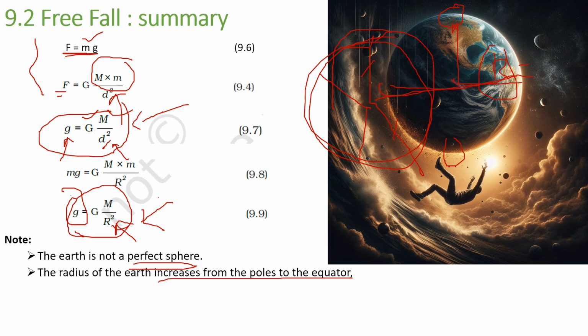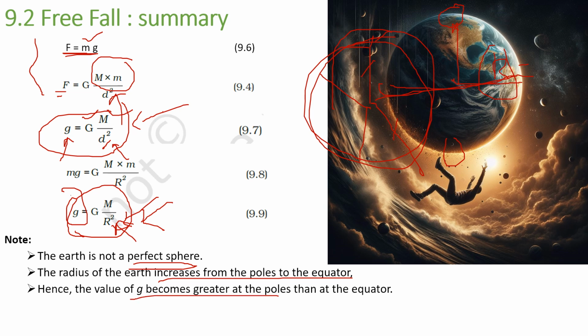The radius is more at the equator, which means g is less at the equator, and the value of g becomes greater at the poles. So we simply say: the acceleration due to gravity is more at the poles compared to the equator. It is a takeaway.